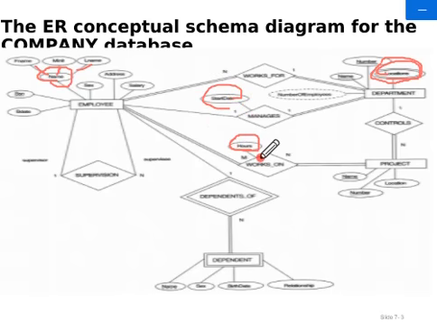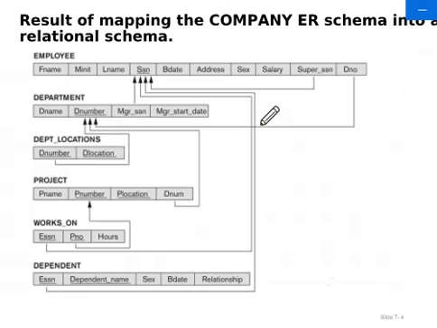So we will see how we have converted that ER diagram to a relational schema. The output looks like this. When we convert the ER diagram to a relational schema, the result will look like this. You can see we have an employee entity, a department entity, and a department location entity because it is a multi-valued attribute. We have a project entity, a works on entity, and a dependent entity.